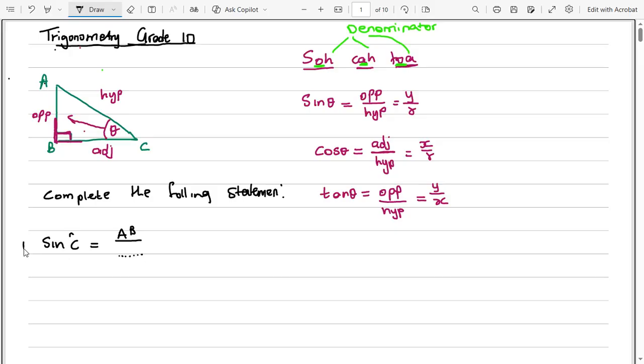That's the first question, for 1 mark. Then the second one, another one for 1 mark, they'll say something like angle A is equals to, then there'll be AB over BC. So let's complete this for 2 marks.